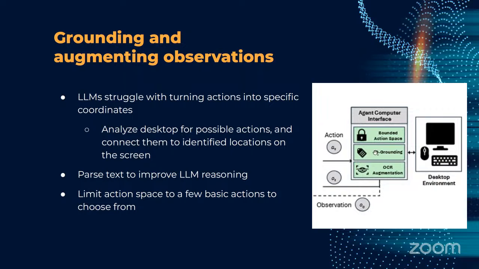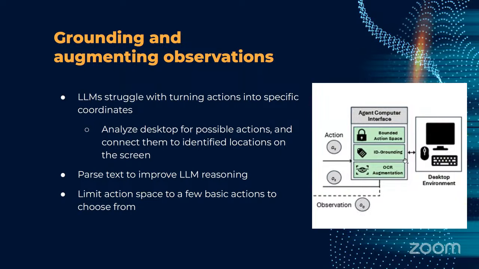So the way that we do this is we have a couple of modules that actually try and extract what are interesting locations on the screen and how can we connect interesting locations on screen to things that the LLM might see.